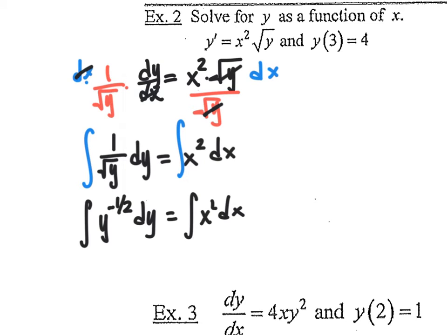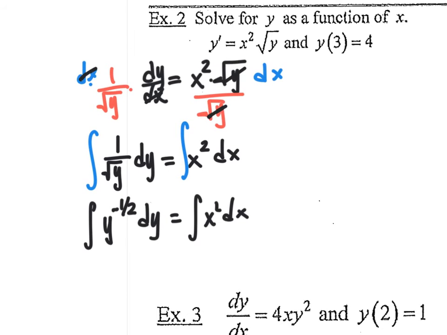And so I'm going to end up getting y to the positive 1/2. And then instead of dividing by 1/2, I'm going to multiply by 2, okay? And this is equal to x cubed over 3 plus c, okay? So I'm doing the plus c on the right side here. I'm not doing it on the left side, okay?